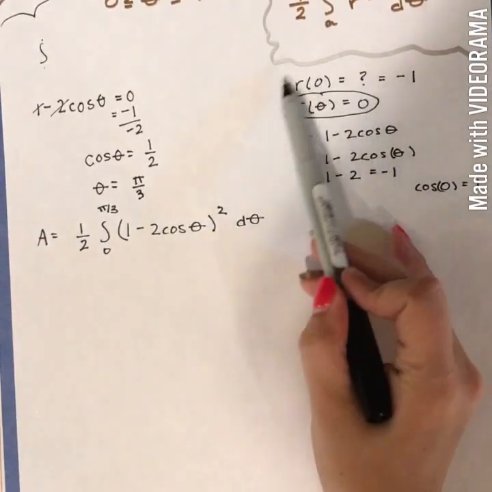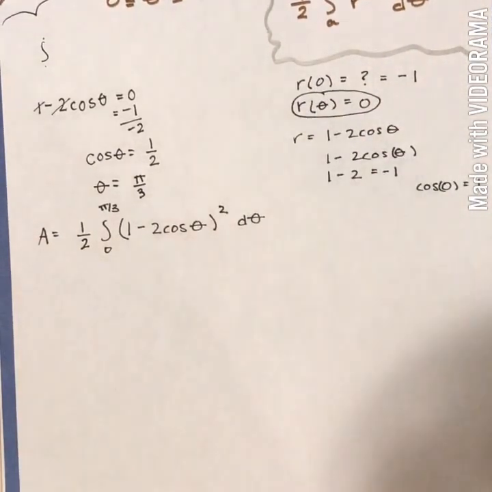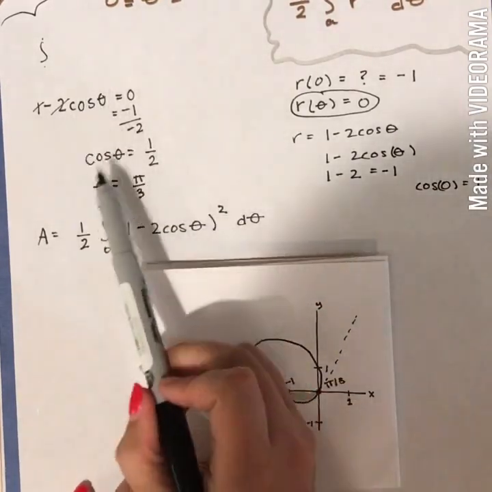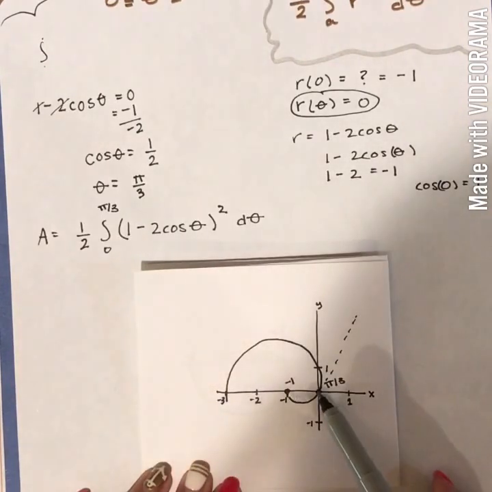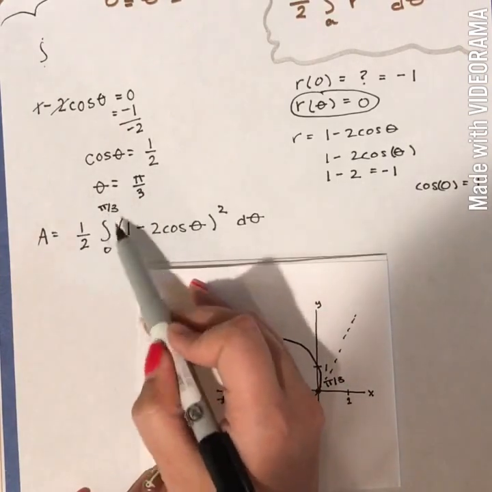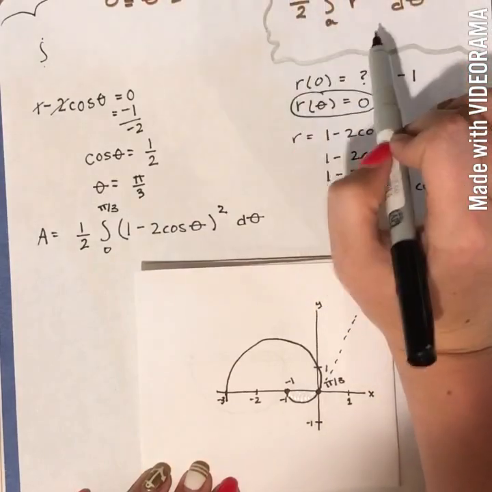So basically right here, we were just determining where the graph starts and where it equaled 0 and finding out this point. And then over here, we're finding out where this point is at. So we found it at pi over 3, and that's basically just setting up our integrand and then plugging in everything else into our polar area equation.